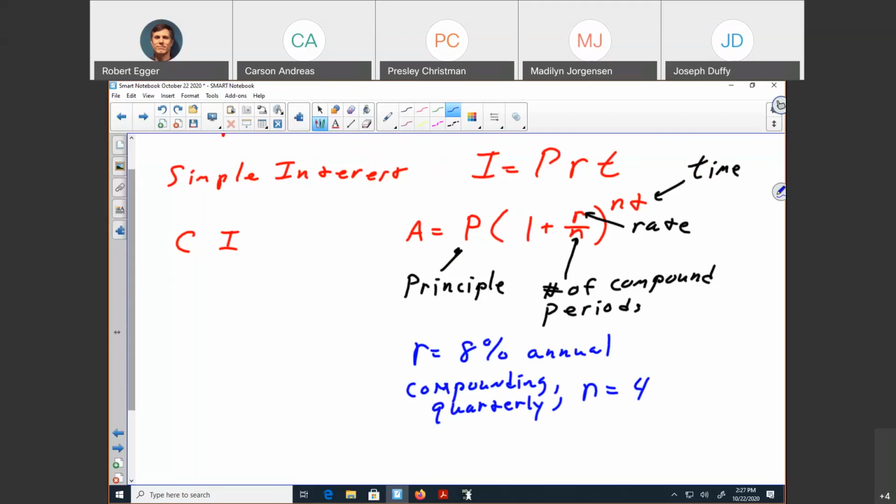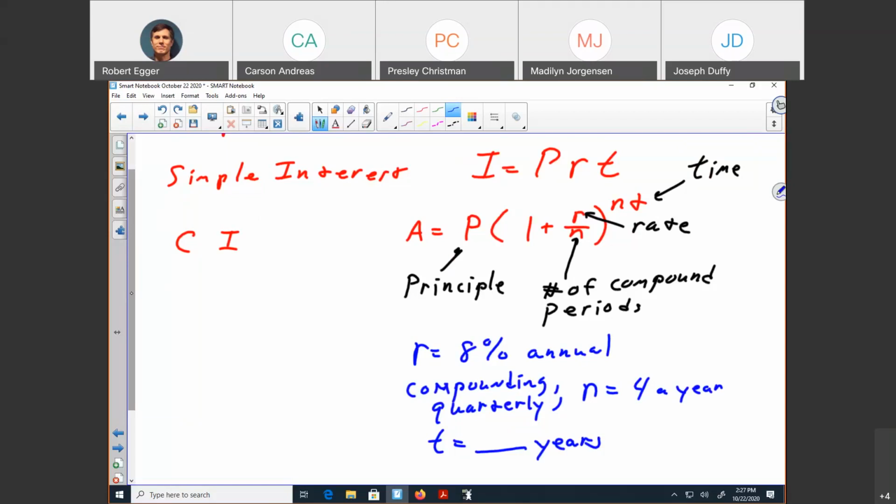And T, okay, so 4 times a year, annual. And T, well, the rate is annual. The compounding is in years. So time should also be years: 1 year, a half a year, 2 years, 3 years.